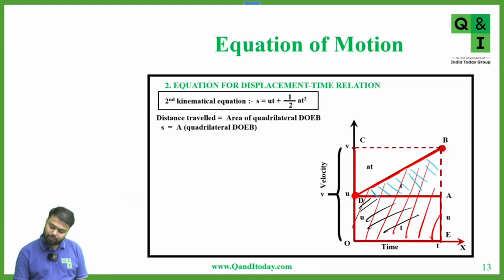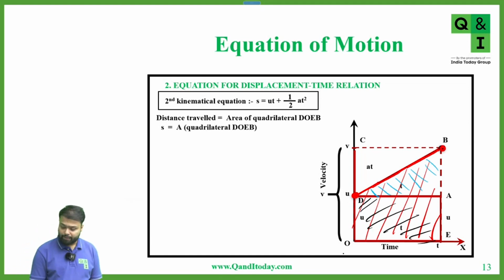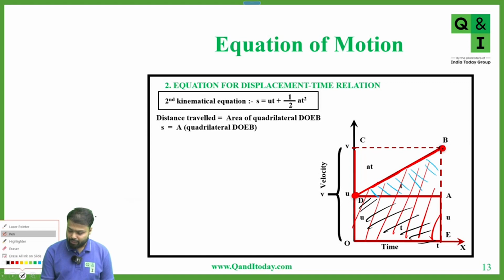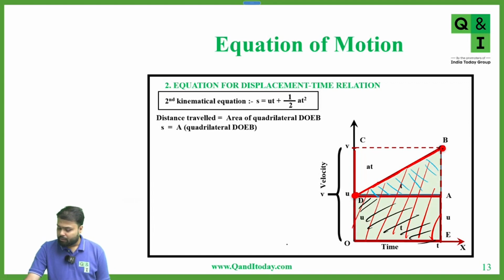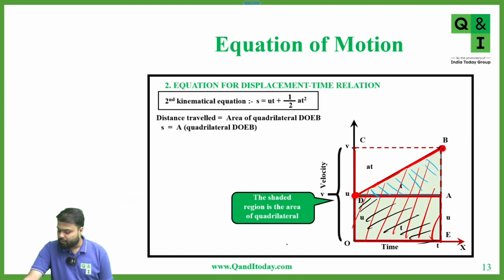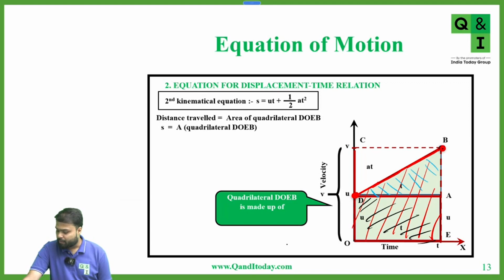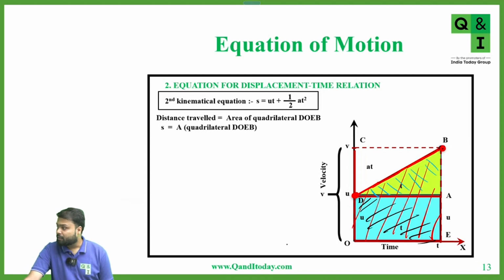Now you can tell me the area. The shaded region is the quadrilateral DOEV, made up of this rectangle and this triangle. Now if we add these two areas, we will get the displacement.